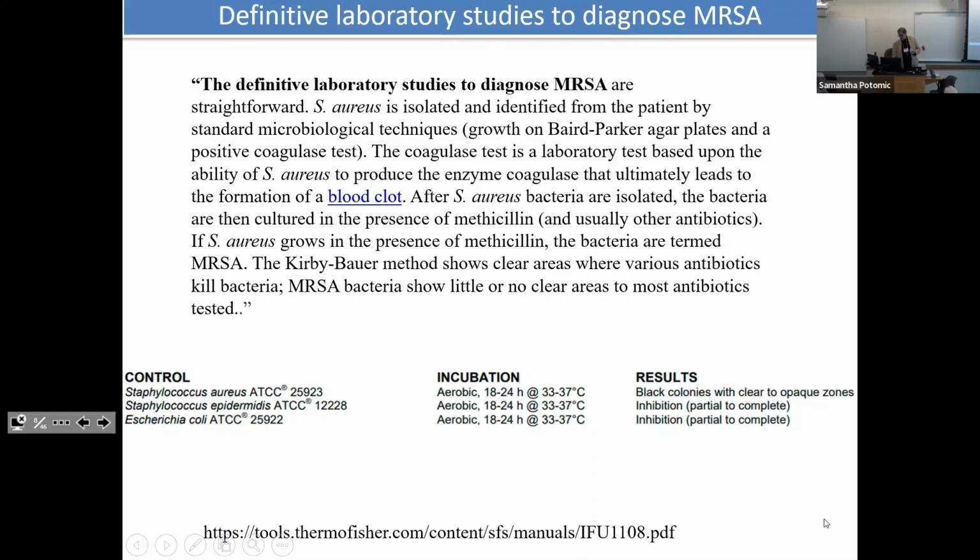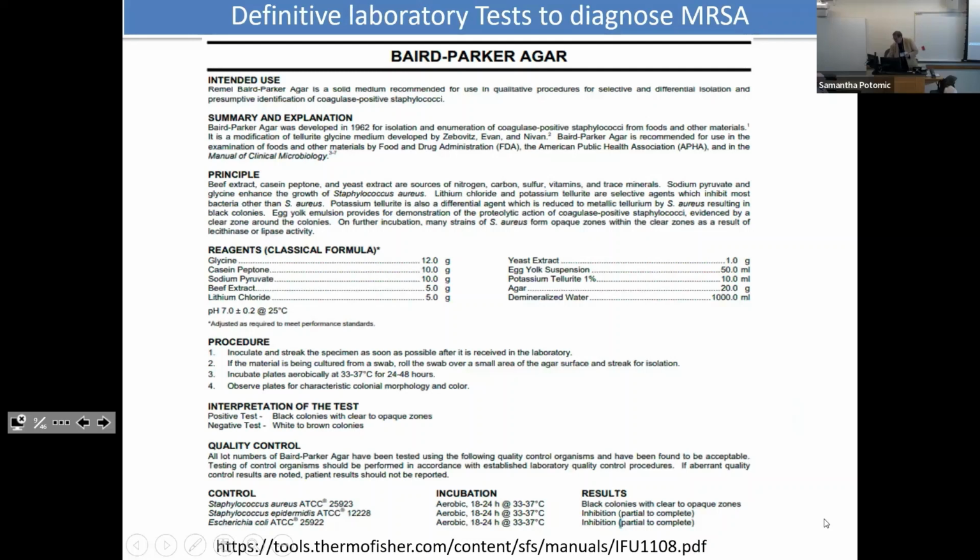And let's see. I did a quick screenshot of the actual test environment and the reagents they have for the formula for growing bacterium. This is like the ideal: glycerin and milk casein, sodium pyruvate, beef extract, lithium chloride. Anyhow, this is the culture that grows the bacteria that they test.